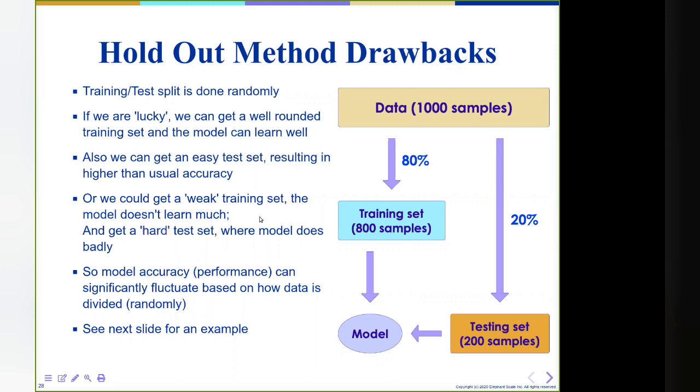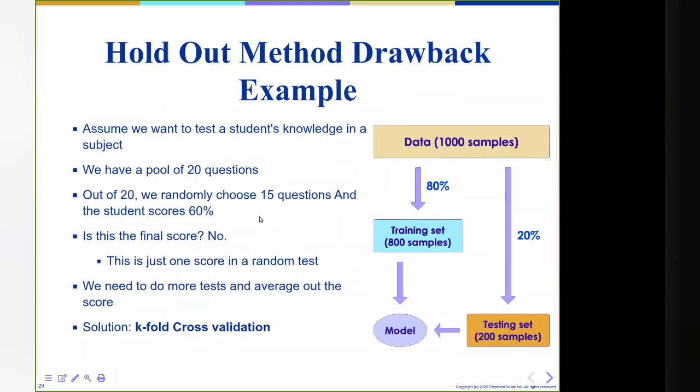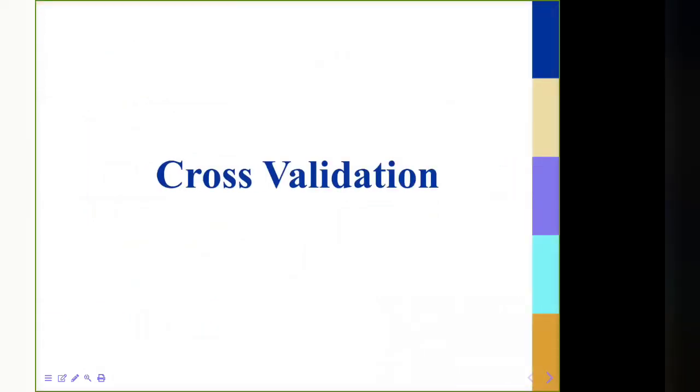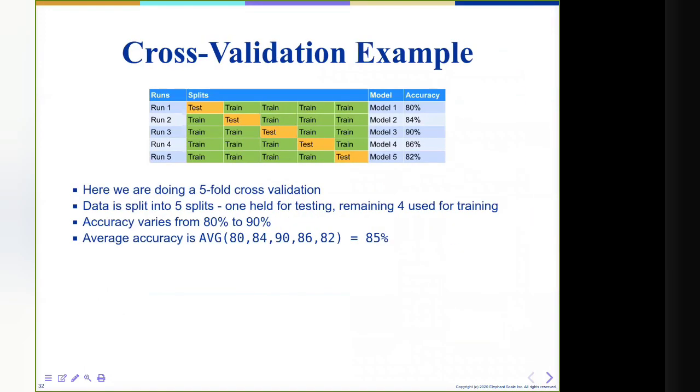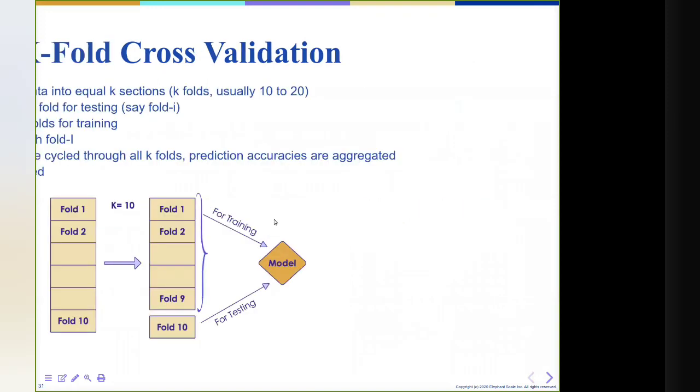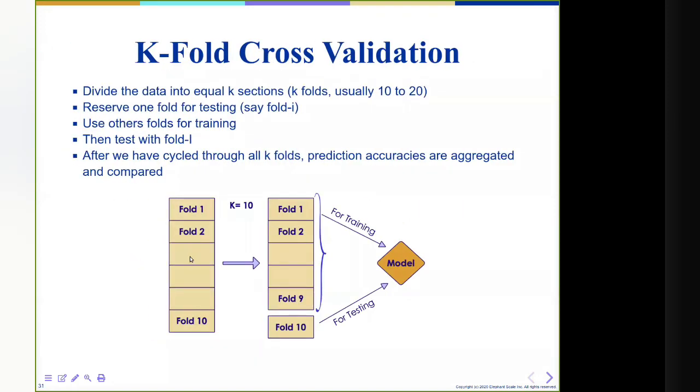Now, how do we fix this? The way to fix this is something called cross-validation. We'll talk about this later, but I want to show you very quickly what that means. We don't do one run, we do systematic runs. For example, we divide the data into multiple segments, called folds. Here, let's say I have 10 segments. We keep one segment for testing and everything else is used for training.